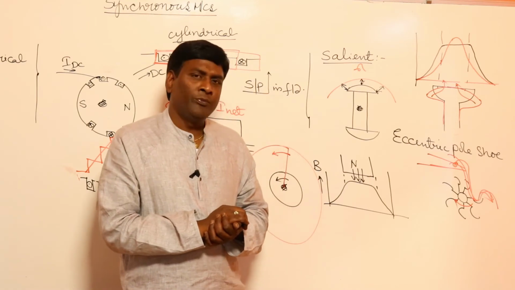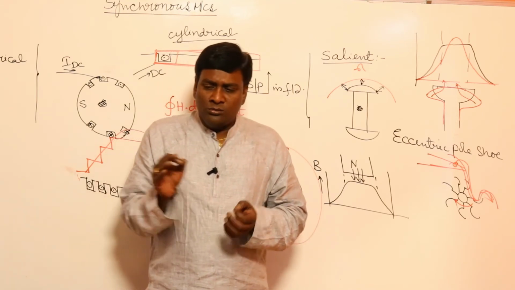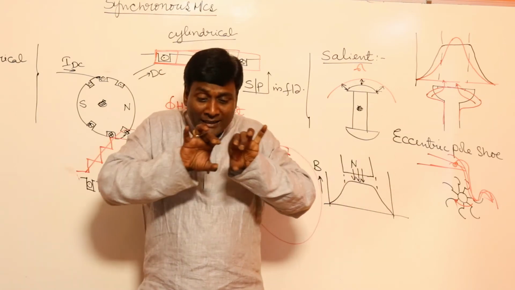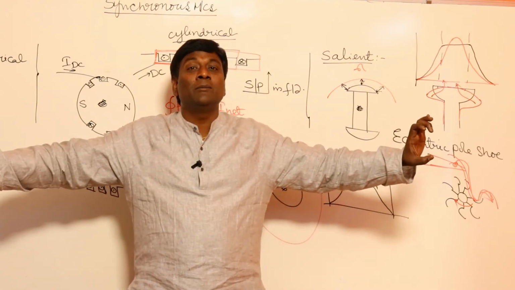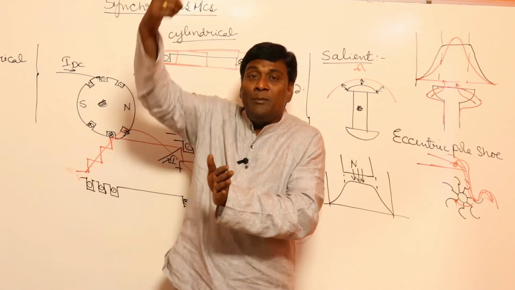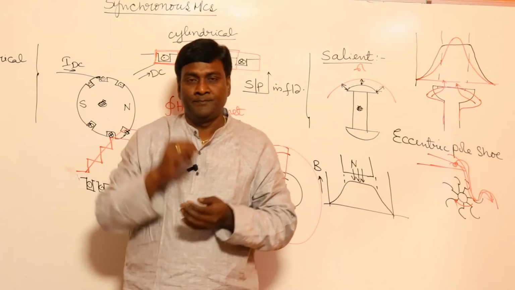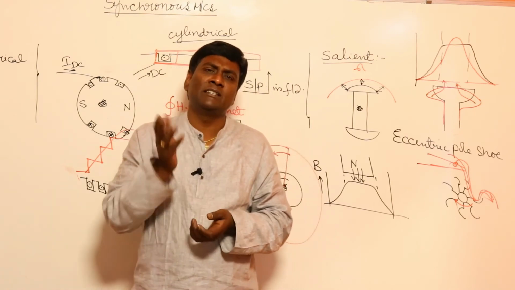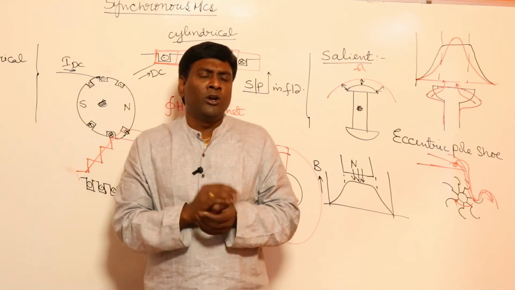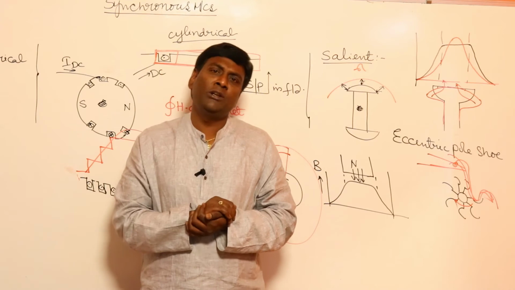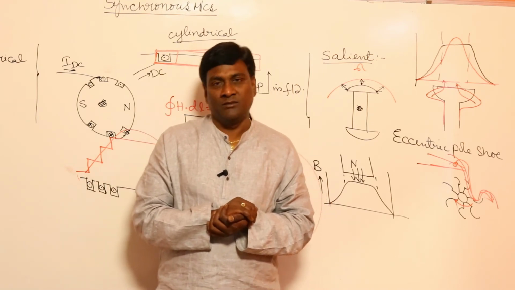Now, if you try to increase the length of the shaft, the cost of the machine will increase. So in order to reduce the length of the shaft, the diameter of the machine should be increased. Let me tell you one simple thing; of course the derivation can be derived, we will see it in detail in the machine course. The volume of air in the air gap under the pole will give you the power handling capacity of the machine.